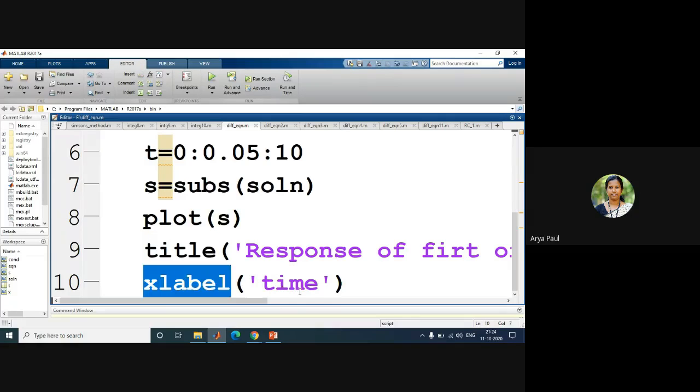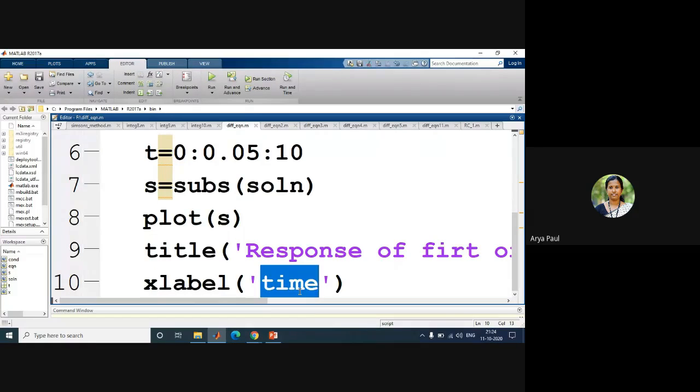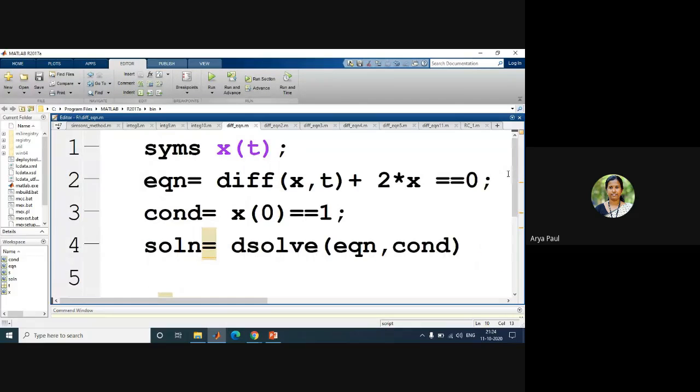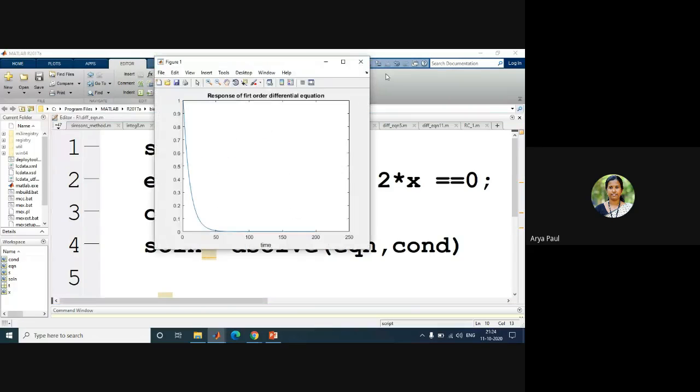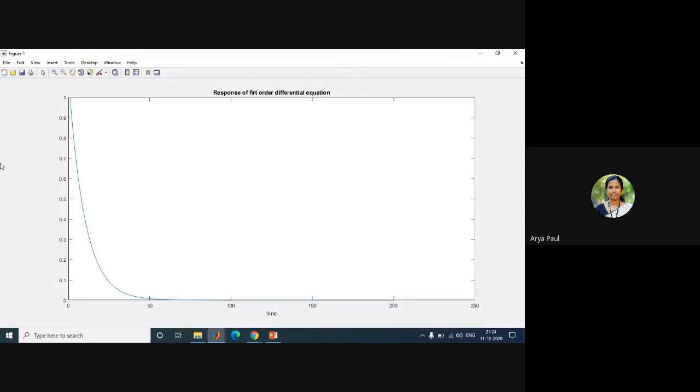X label I have given as time. So X label and title I have given for the plot. Now I am going to plot this. So when I plot this, you get a curve like this.